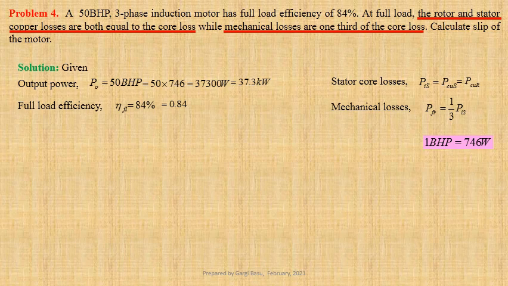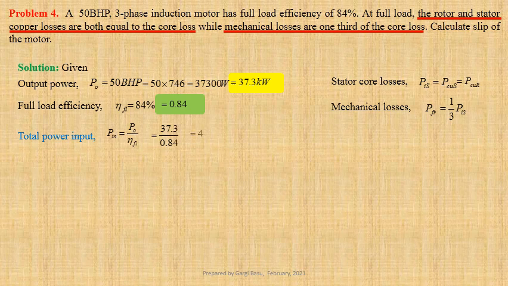Let us now calculate total power input. P in equals PO divided by eta FL, that is equal to 37.3 divided by 0.84, that gives us 44.405 kilowatt. Total power losses P losses equals P in minus PO.